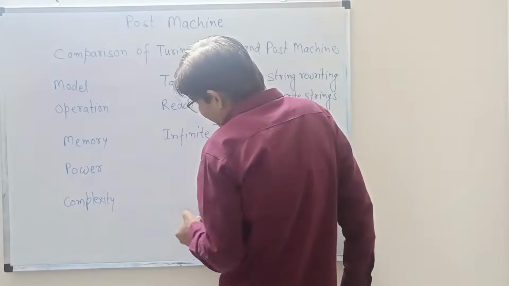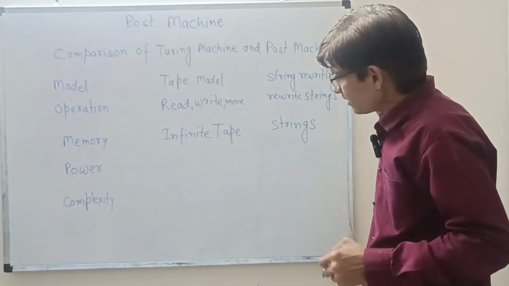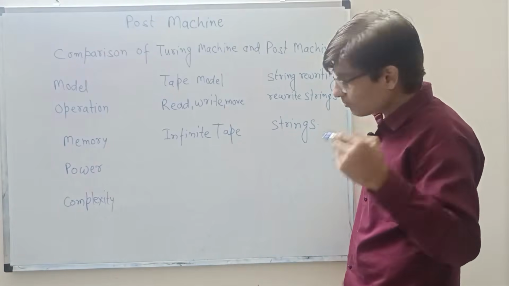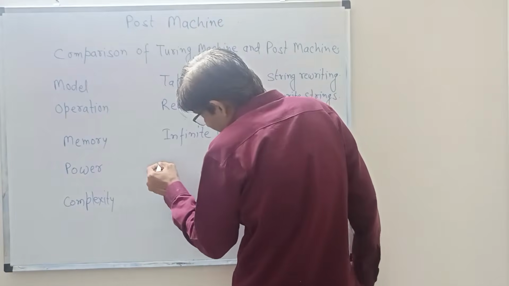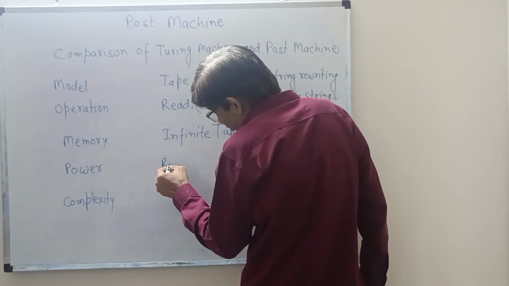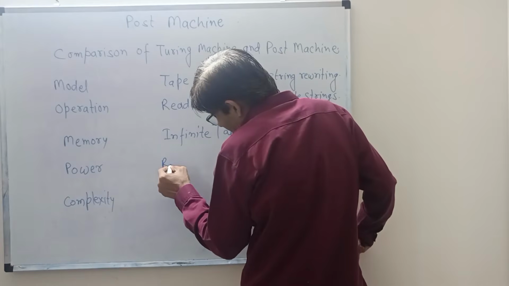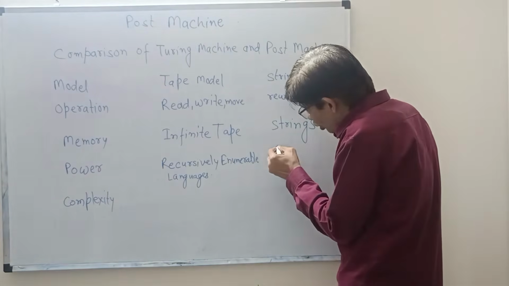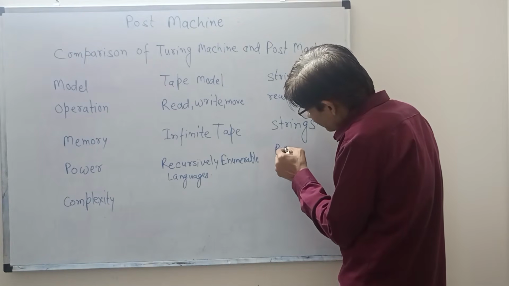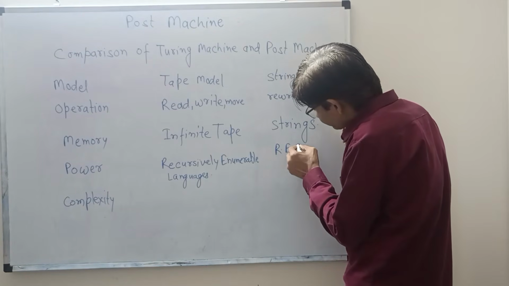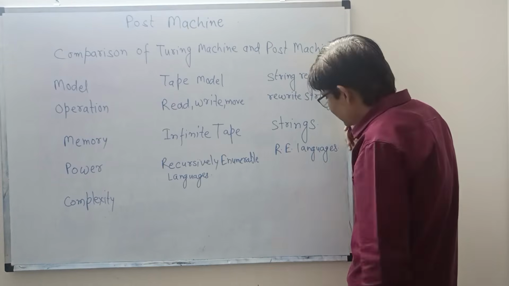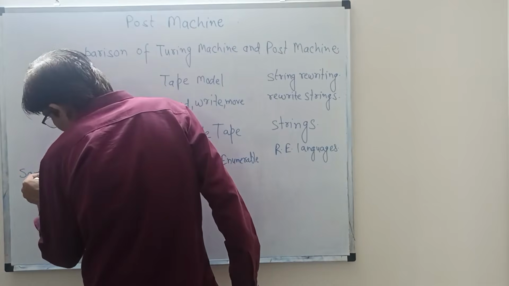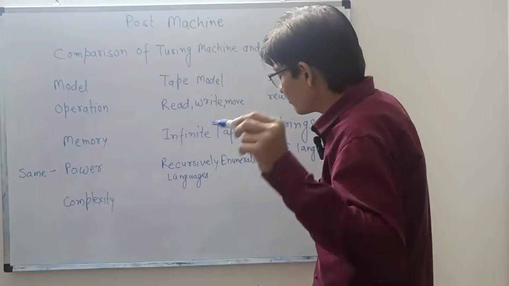Now, power. If I talk about the power, both Turing machine and post machine have the same power. That means they can recognize or handle recursively enumerable languages. So post machine can also handle recursively enumerable languages, and the power of these two machines is the same.